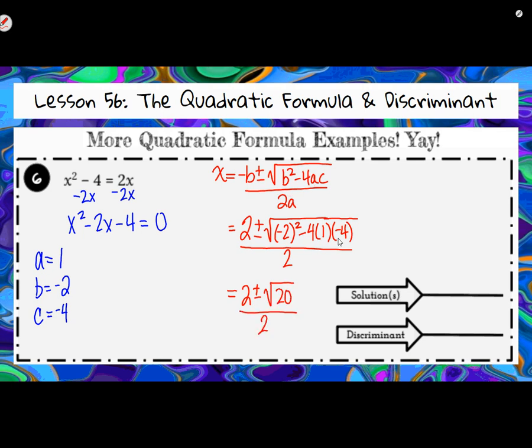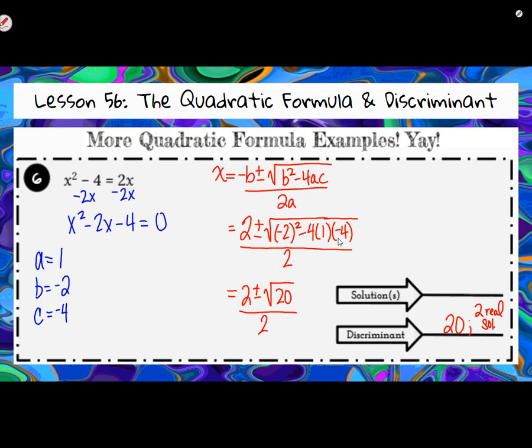So can you tell right now what the discriminant is? The discriminant is 20, not the square root of 20. The discriminant is 20. And so what does that mean? That means we have two real solutions. Okay, so that would mean that if we graph this, then we would see it cross the x-axis 2 times.